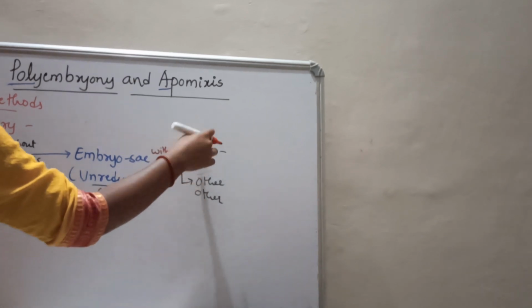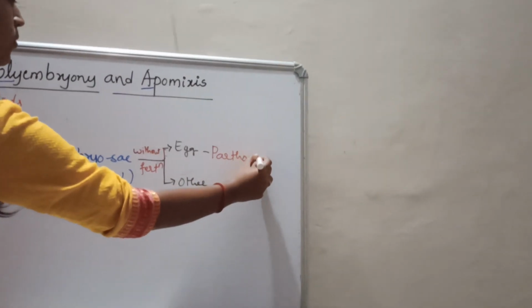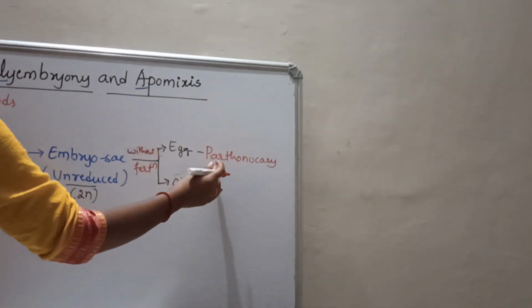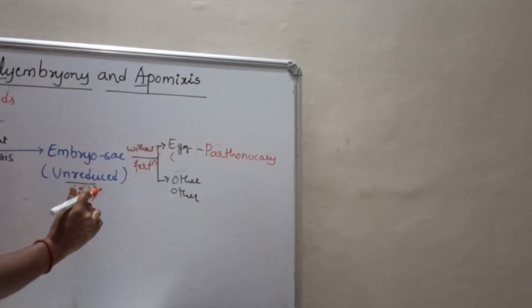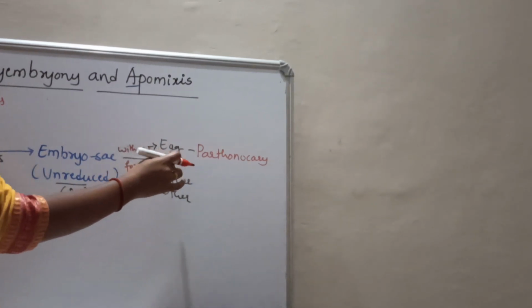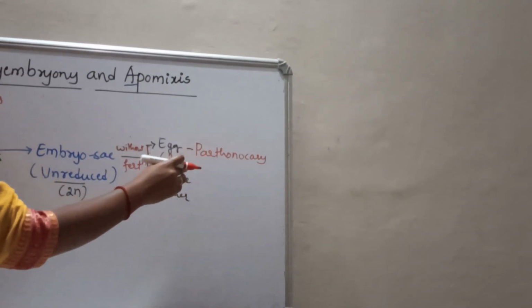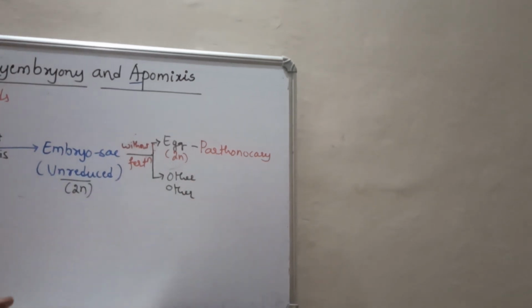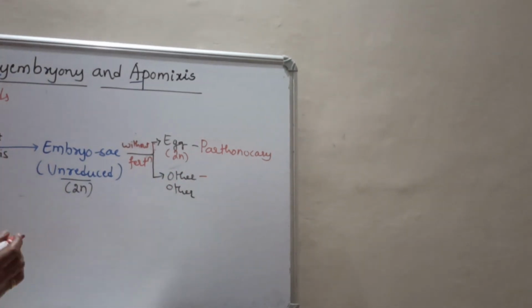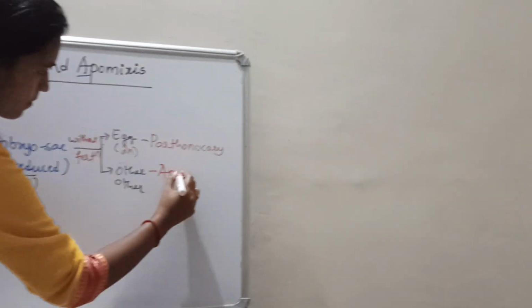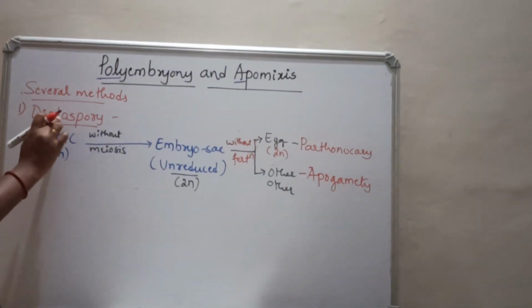Without fertilization, the egg becomes an embryo, and that is called parthenocarpy. The other cells, the antipodal cells, synergid cells or central cell, may also become an embryo, and that is called apogamy.